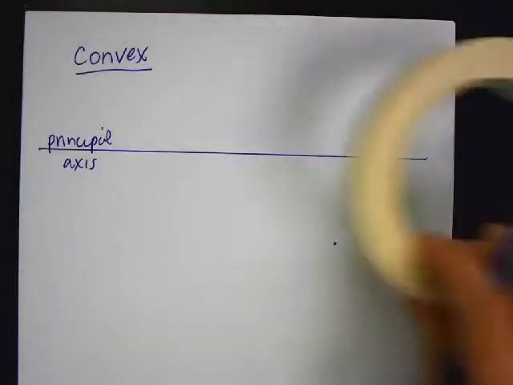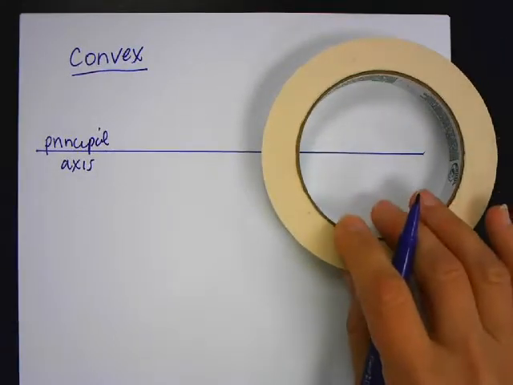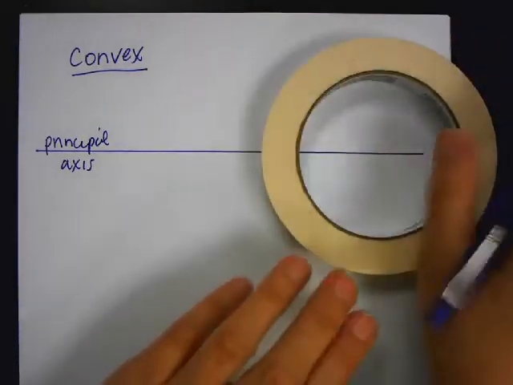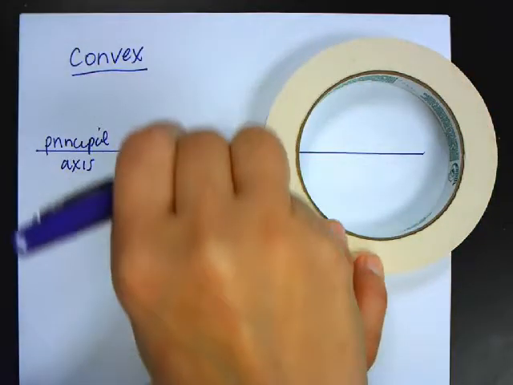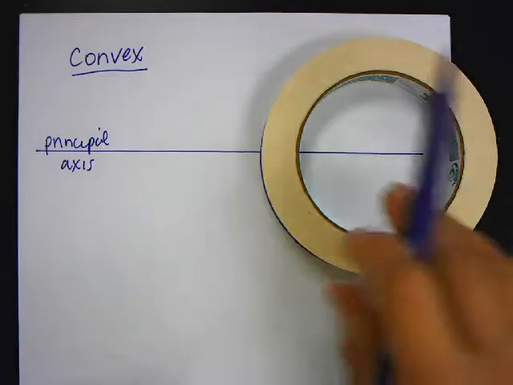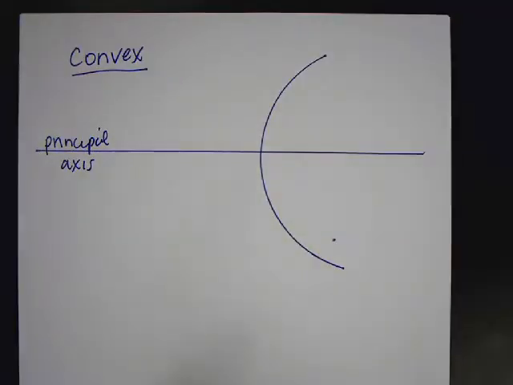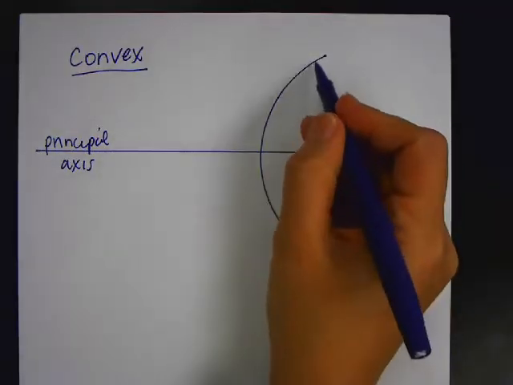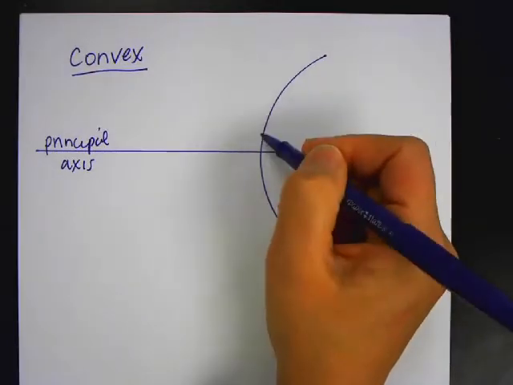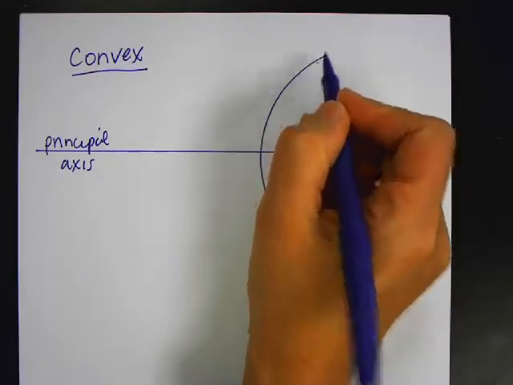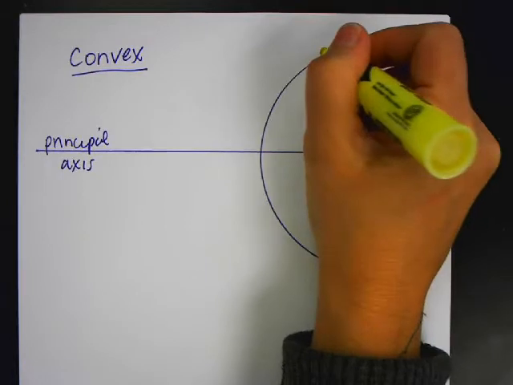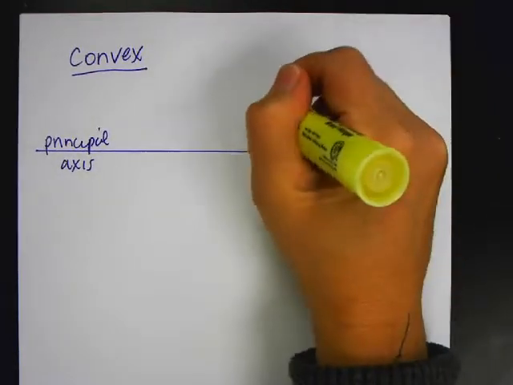And then I'm just going to use this roll of tape, and this is going to be the mirror. Now what's different from yesterday is the reflective part is on the outside. So this is the reflective part, the outside, okay?